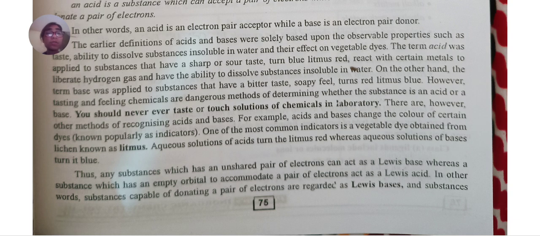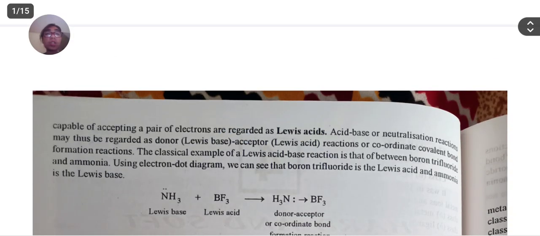Thus, any substance which has an unshared pair of electrons can act as a Lewis base, whereas a substance which has an empty orbital to accommodate a pair of electrons acts as a Lewis acid. In other words, substances capable of donating a pair of electrons are regarded as Lewis bases, and substances capable of accepting a pair of electrons are regarded as Lewis acids. Acid-base or neutralization reaction may thus be regarded as a donor Lewis base, acceptor Lewis acid reaction, or coordinate covalent bond formation reaction.